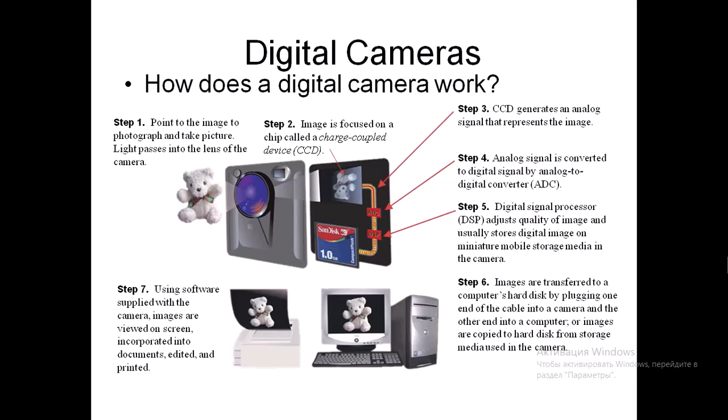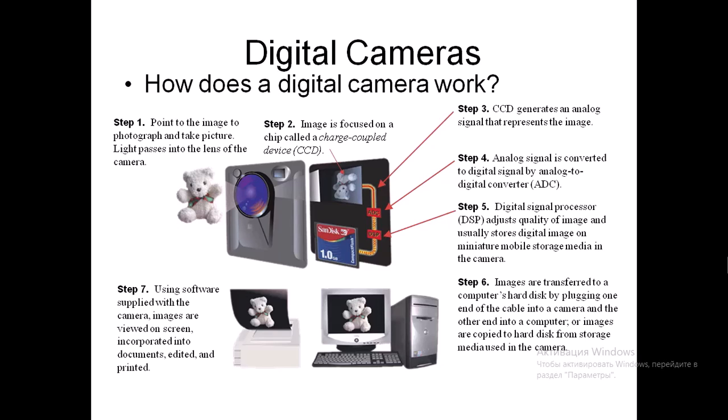The CCD generates an analog signal that represents the image. The analog signal is converted to a digital signal by an analog-to-digital converter. After that, the processor adjusts the quality of the image and usually stores the digital image on miniature mobile storage media in the camera.